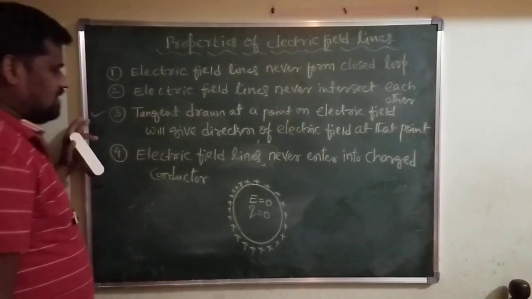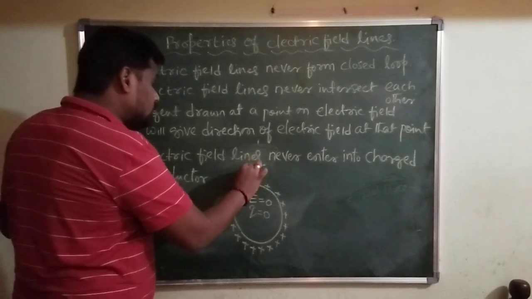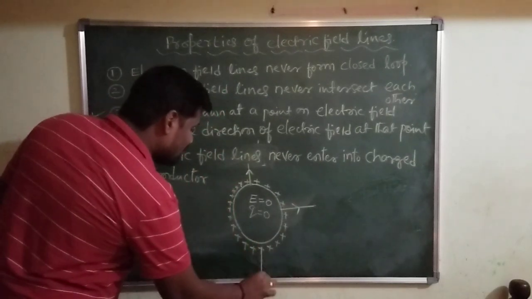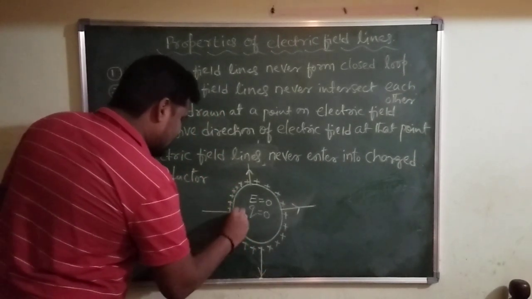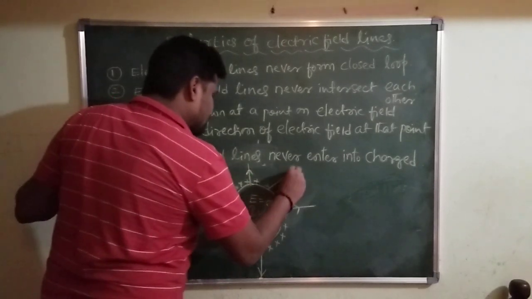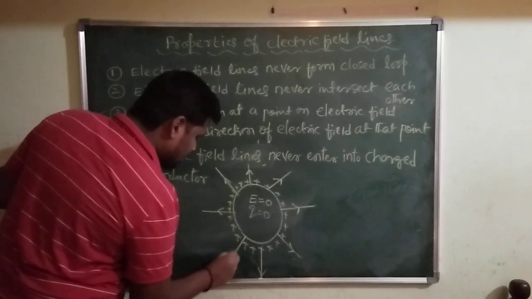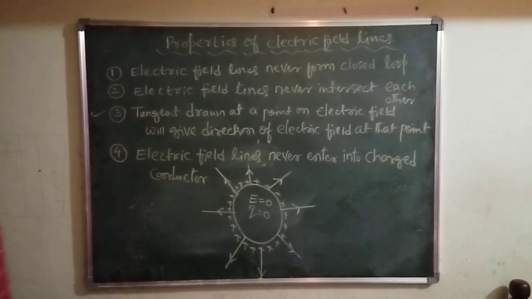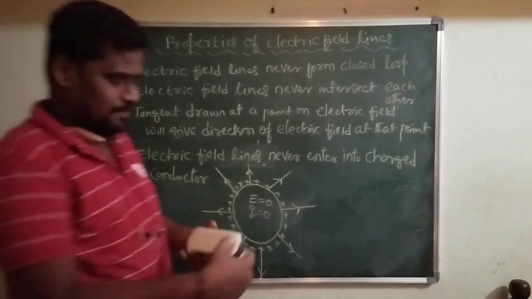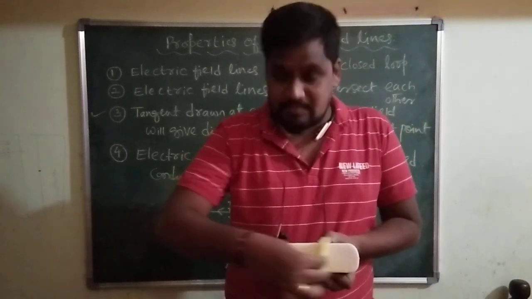But all electric field lines will be normal to the surface of a conductor, that is, perpendicular to the surface of a conductor. For example, imagine that this is the conductor and it is given some charge.